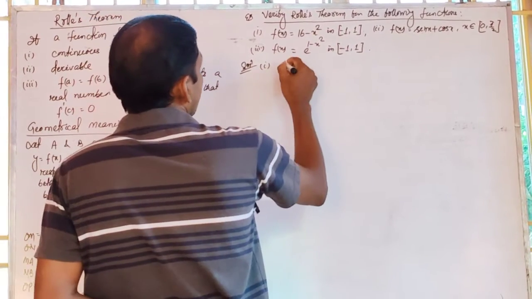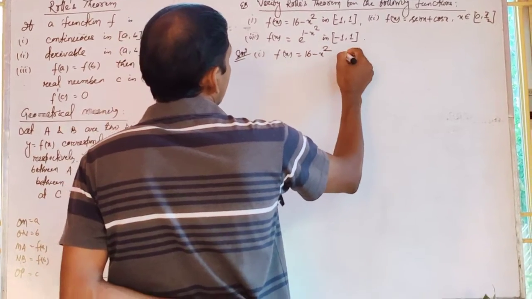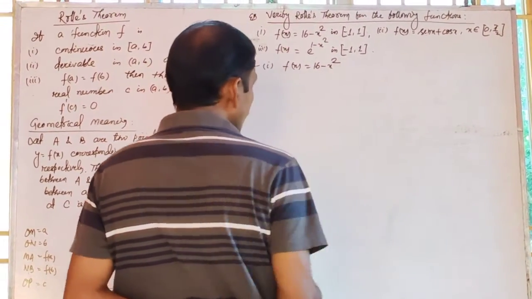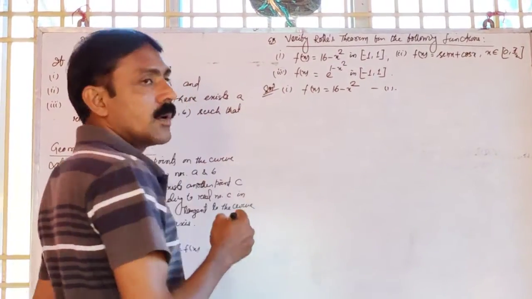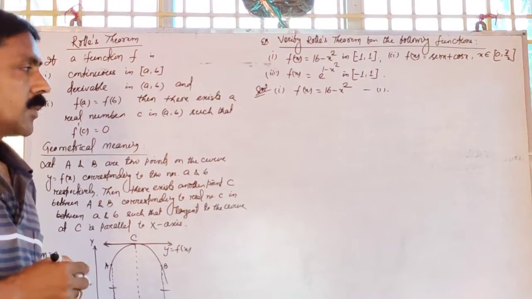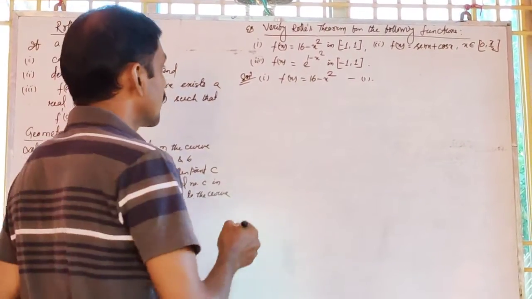The solution. First is given f of x equal to 16 minus x square. Now what type of function is it? It is a polynomial or algebraic function, and we know that an algebraic function is always continuous.